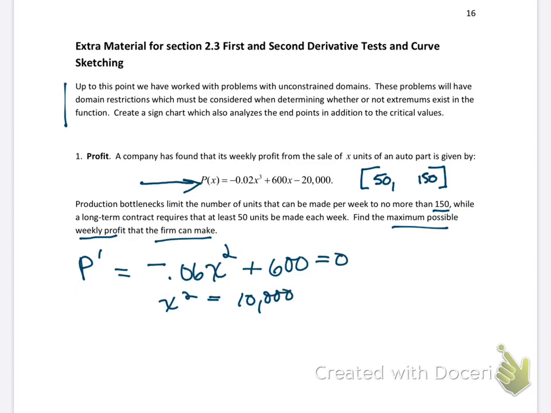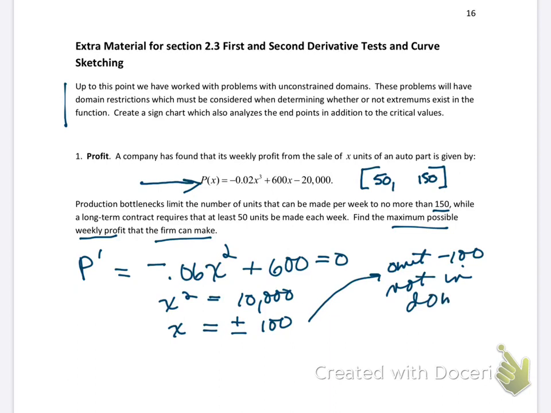So if x squared equals 10,000, then taking the square root of both sides gives you x equals plus and minus 100. Okay, so a word about this. You have to omit negative 100 because it's not in your domain. Okay, so that is key. So when you do your first derivative test, you are going to say your critical value is only 100 because that's what's germane to this problem.